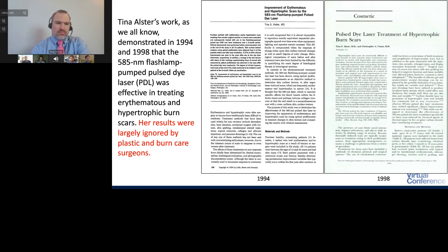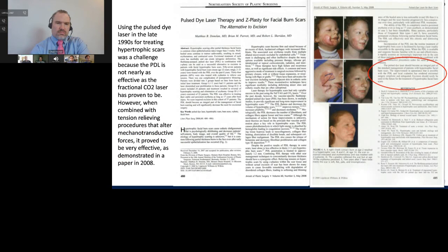But her results were largely ignored by both plastic and burn care surgeons. But it turned out that using the pulse dye laser in combination with the synergistic effects of tension relief, as was just recently mentioned, by rearranging the local tissue, resulted in significant benefits to even major facial burn scars.